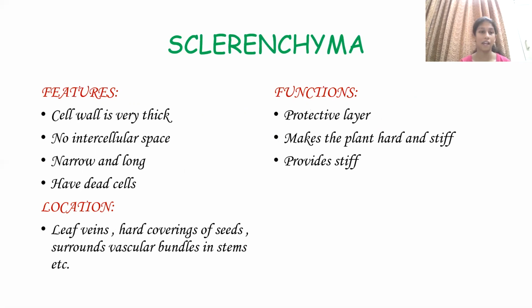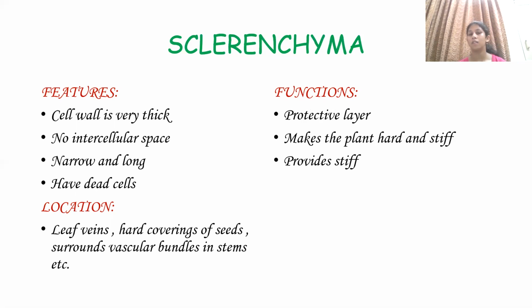Coming to sclerenchyma. The features of sclerenchyma: the cell wall is very thick, they don't have intercellular space at all, and they are narrow and long. The sclerenchyma is made up of dead cells. The main important thing is that it has only dead cells and its cell wall is very thick.